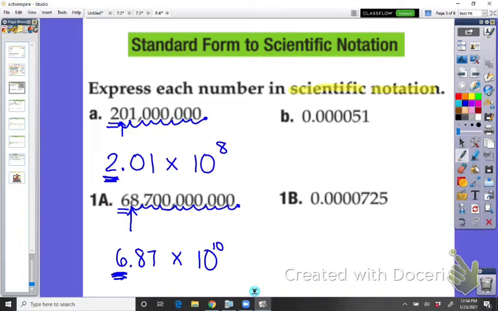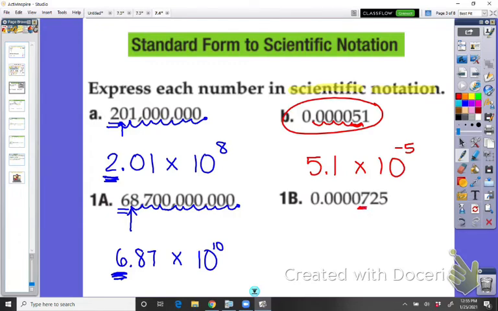On letter B, the first non-zero digit I see is the 5. So it's going to be 5.1 times 10 to some power. 1, 2, 3, 4, 5. And this time it's going to be a negative 5 because this number is smaller than 1. So it's very small. Likewise, the first non-zero digit on 1b is the 7.